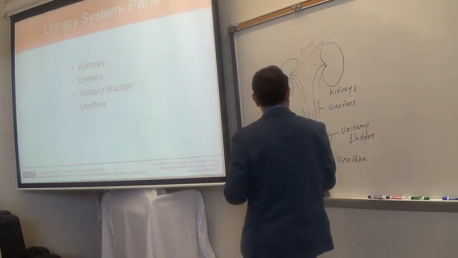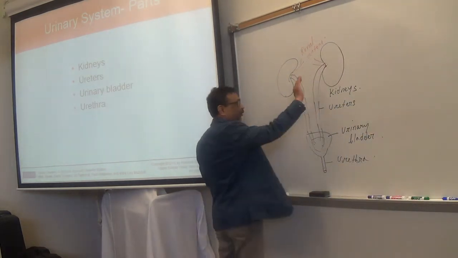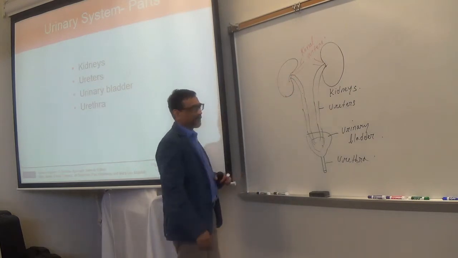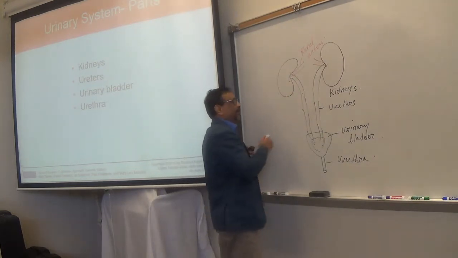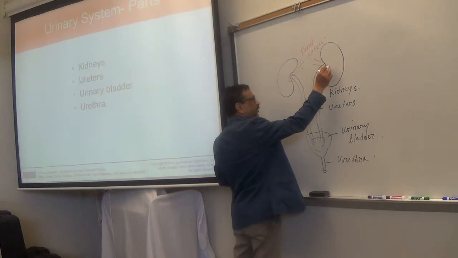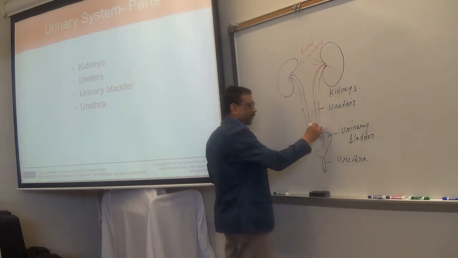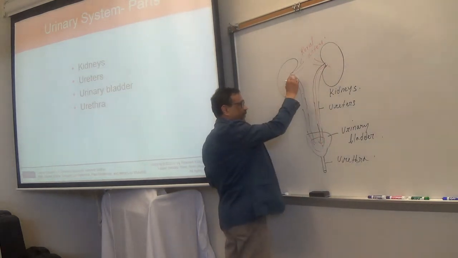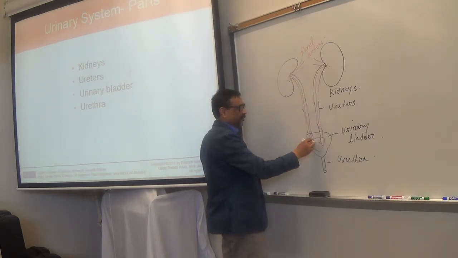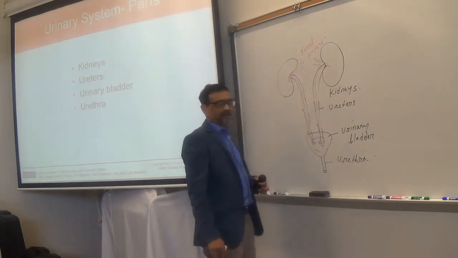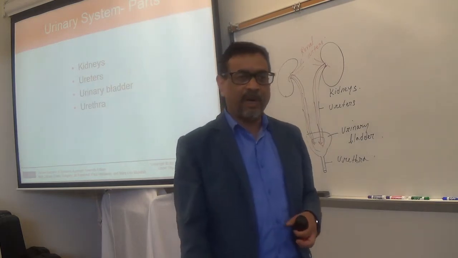Some water and toxic chemicals are taken out from the blood, and that is the urine. And then from the kidneys, urine is taken to the bladder by the ureters. So ureters basically transport the urine from the kidneys to the bladder.